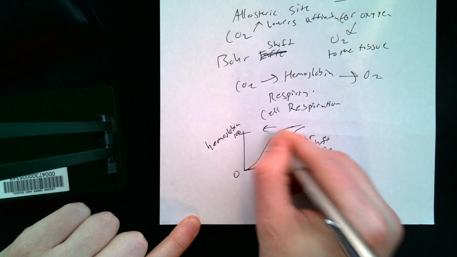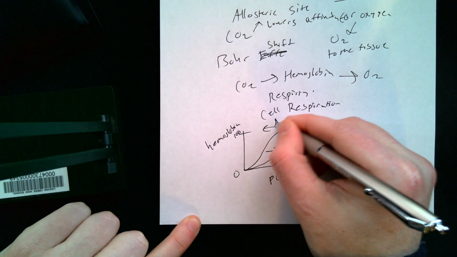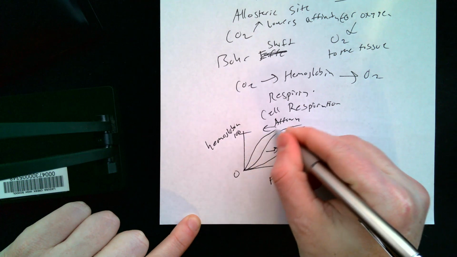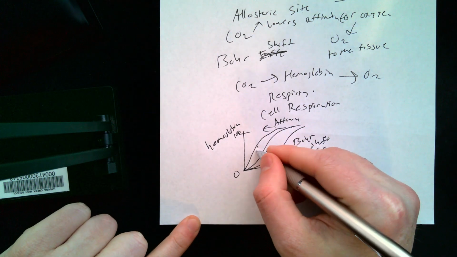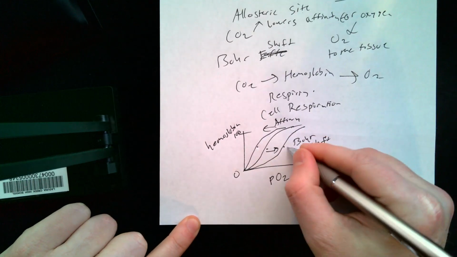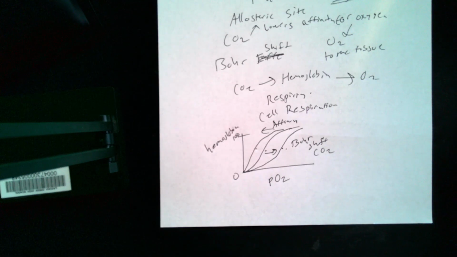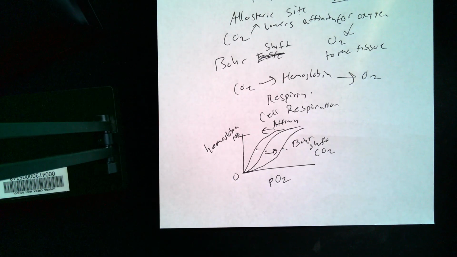So the farther this way it is, the higher the affinity. So a curve like this would have really high affinity, like fetal versus adult versus the Bohr shift. And so it's the ability for it to attract oxygen and become saturated with oxygen. It does level off near the end, right, as the oxygen gets packed in there too.